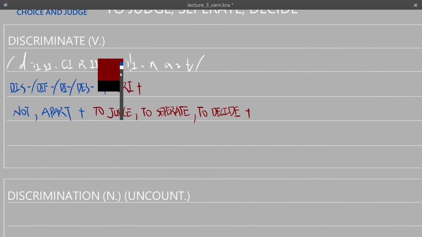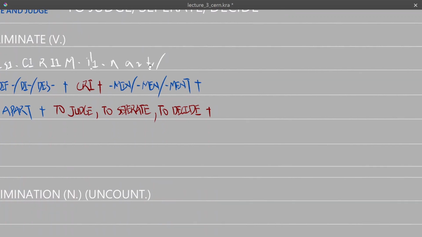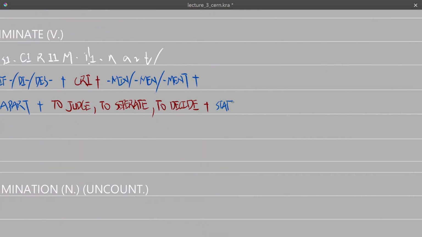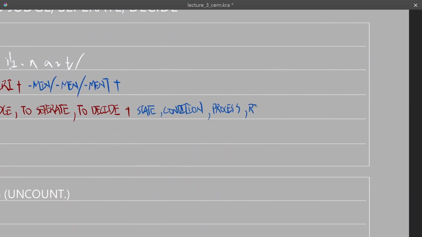Now we have the noun suffix, meaning state, condition, process or result.